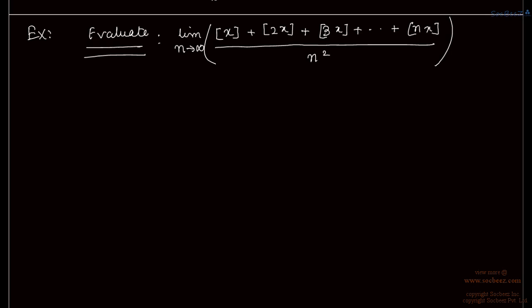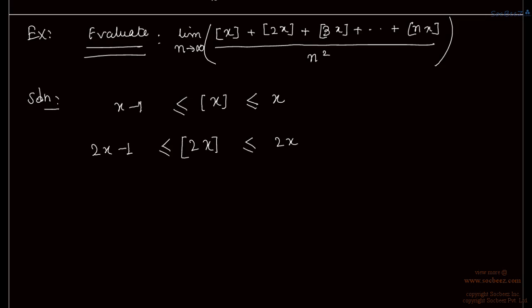Okay, so we have a relation. Greatest integer of x is always less than equal to x, right? And it is always greater than x minus 1, obviously. Similarly, we can write greatest integer of 2x is always less than equal to 2x and always greater than 2x minus 1. Similarly, we have this relation.